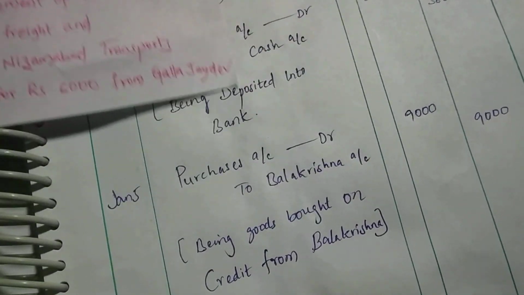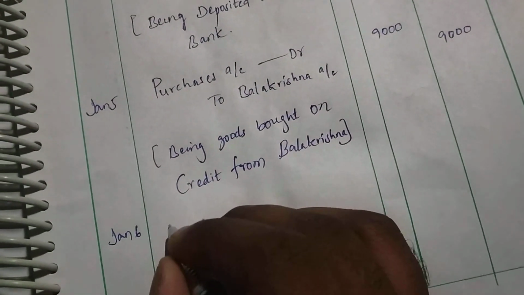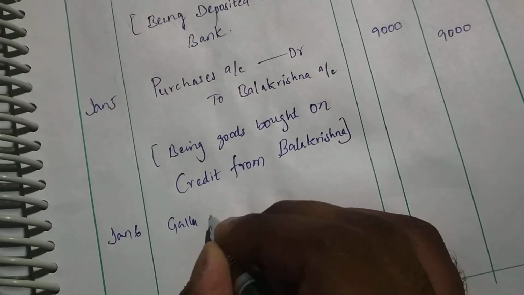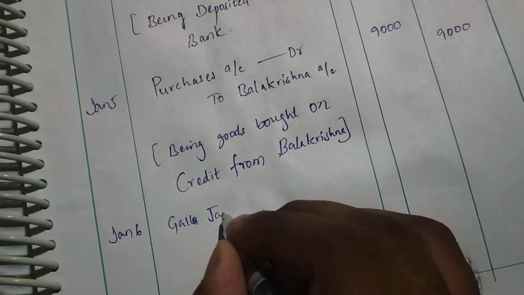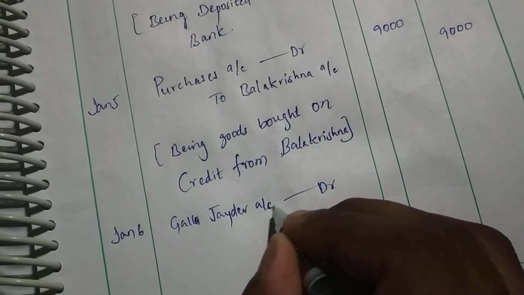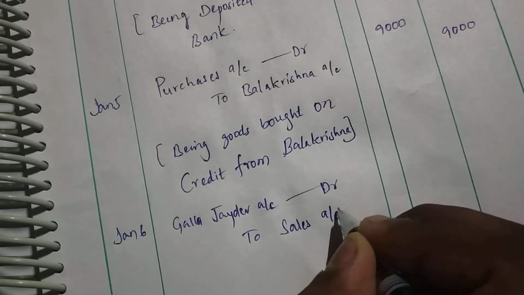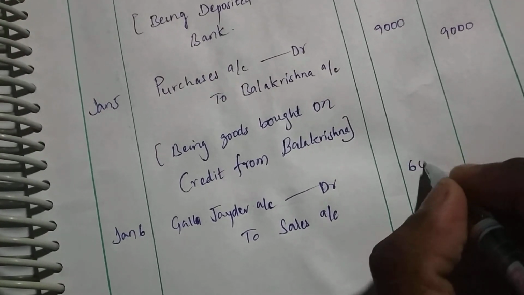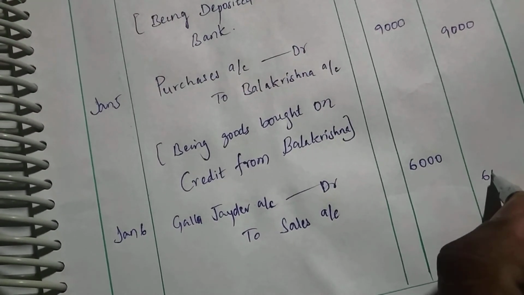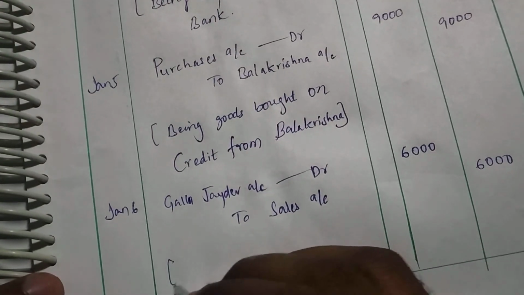January 6th. Galla Jayadev account debit to sales account. It's 6,000 rupees. What is the narration?